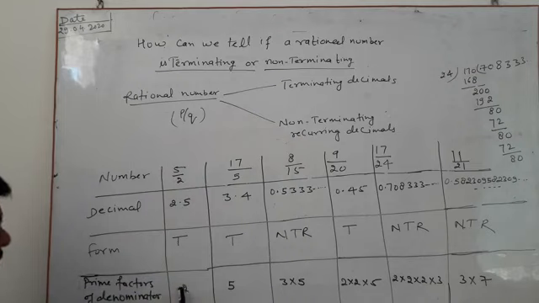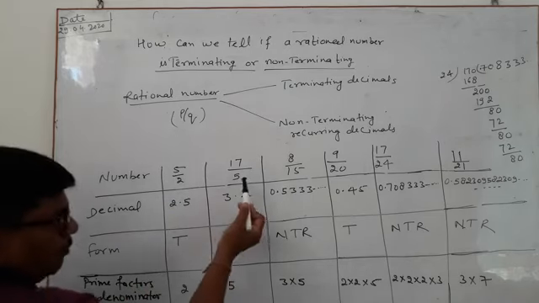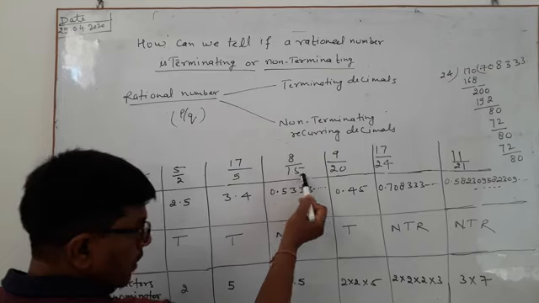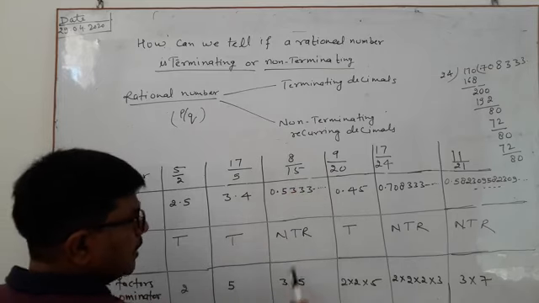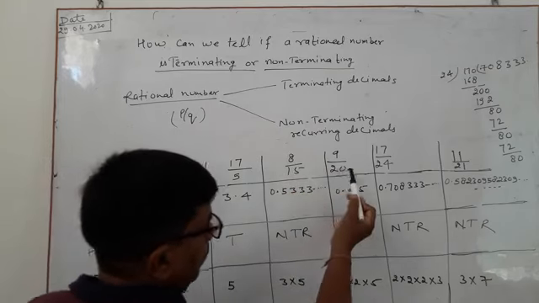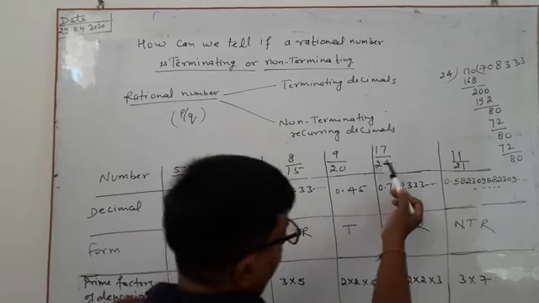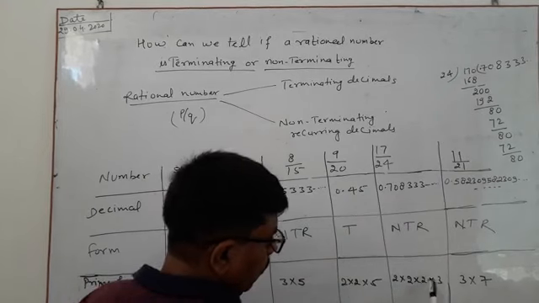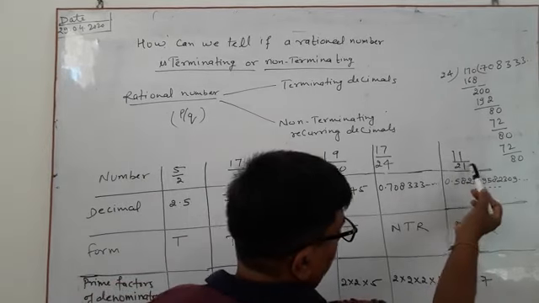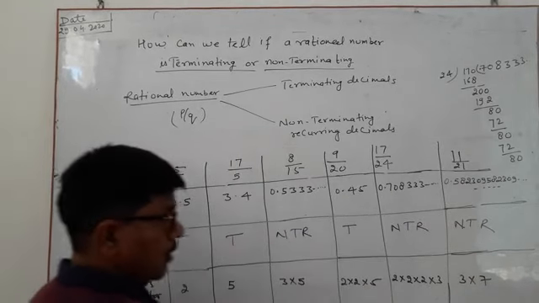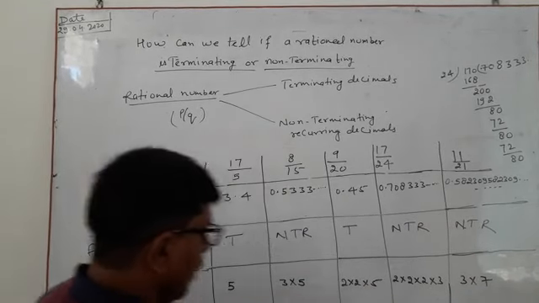The prime factor of 5 is 5, and in the next fraction the denominator is 15, so the prime factor of 15 is 3 into 5. The prime factor of 20 is 2 into 2 into 5, the prime factor of 24 is 2 into 2 into 2 into 3, and the prime factor of 21 is 3 into 7. That is the prime factors of the denominators, not the numerators.